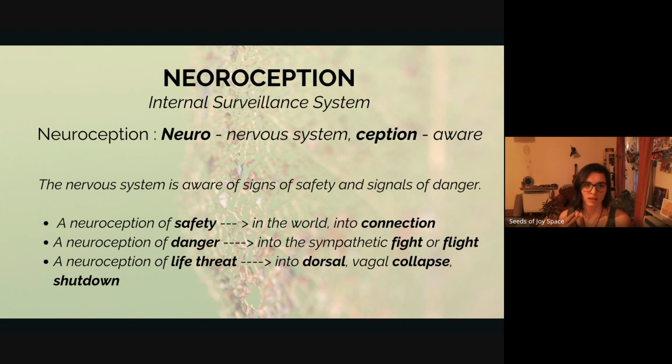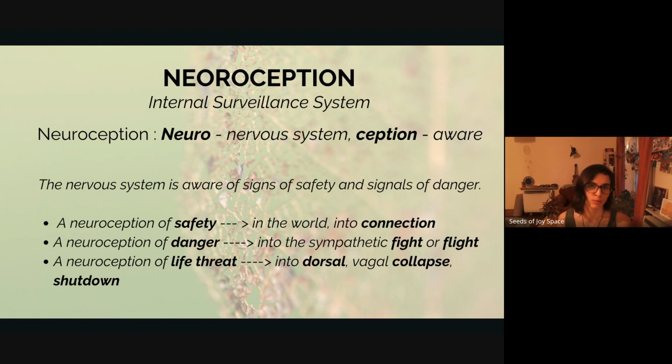And it might recognize signs of danger, or something life-threatening. Well, maybe the situation isn't life-threatening, but it could consider something as life-threatening. So neuro means nervous system, and ception, aware. So the nervous system is always aware of these signs of safety and signals of danger.